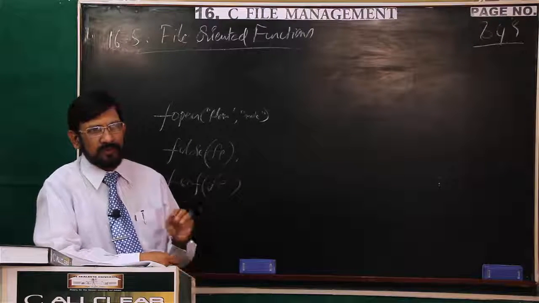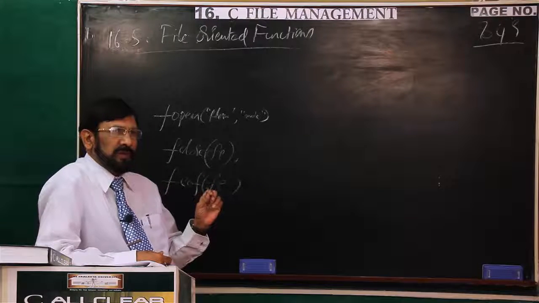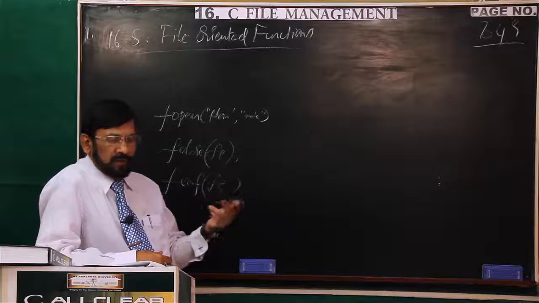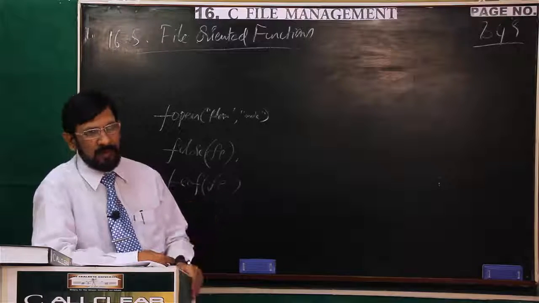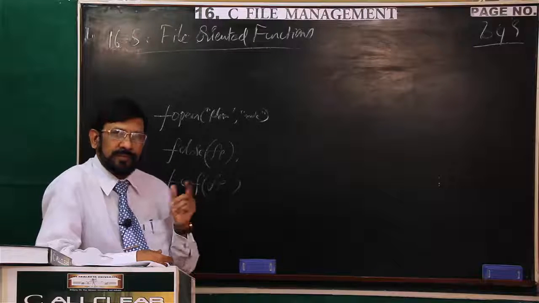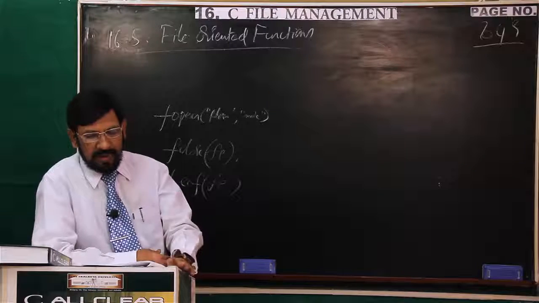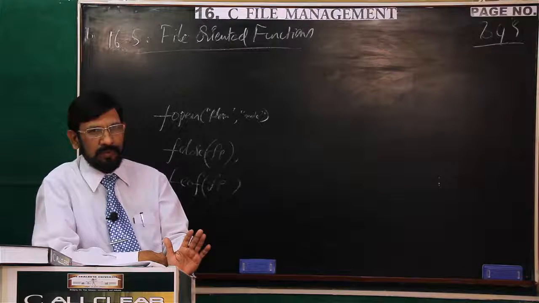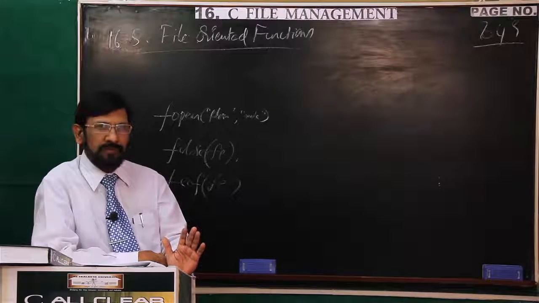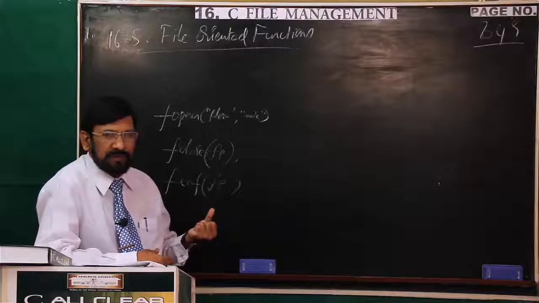Already you have seen console-oriented functions. For example, printf is the console-oriented output function; now you can find fprintf. Console-oriented scanf is there; now you can find fscanf. So here I have given the list of functions. Have a look.